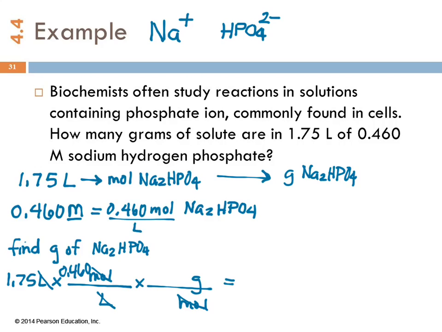So, let's see, I'll sneak that in here. 2 times the mass of sodium plus the mass of hydrogen plus the mass of phosphorus plus 4 times the mass of oxygen. 141.958.